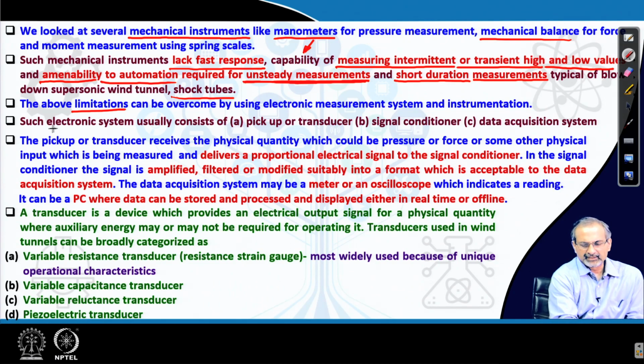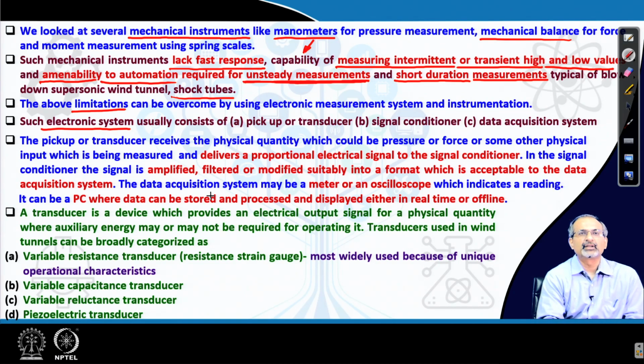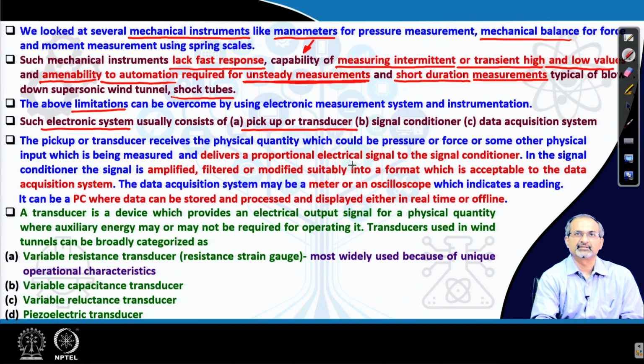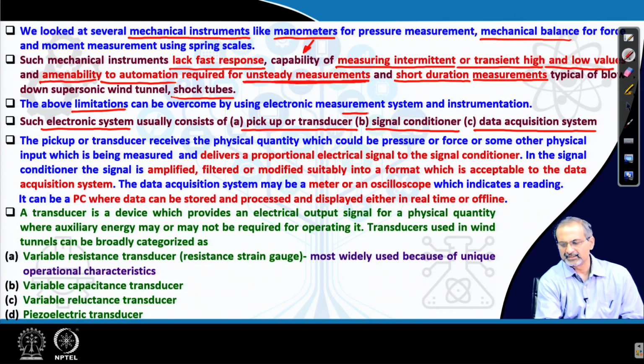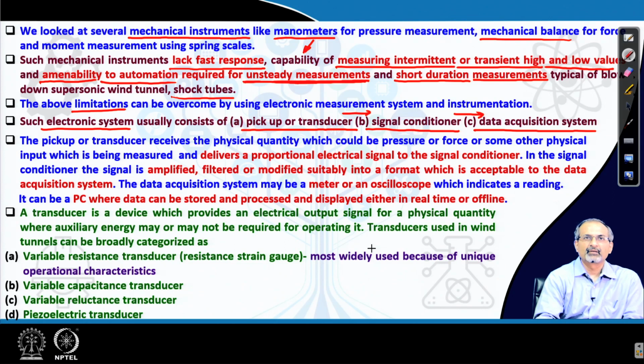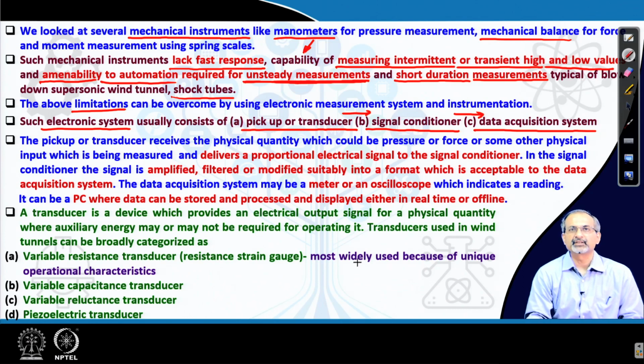As I said already, such an electronic measurement system would consist of three vital components: pickup or transducer, signal conditioner, and data acquisition system. In this particular sequence, the information essentially flows. The pickup or transducer, what does it do? It receives the physical quantity, which could be pressure or force or some other physical input.